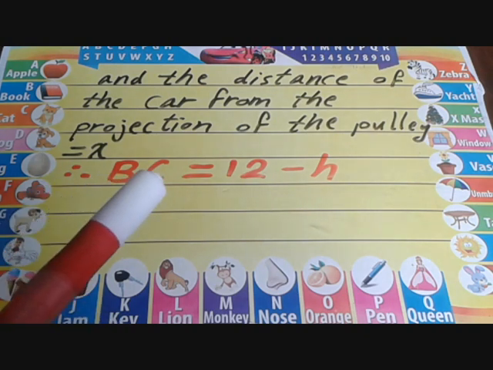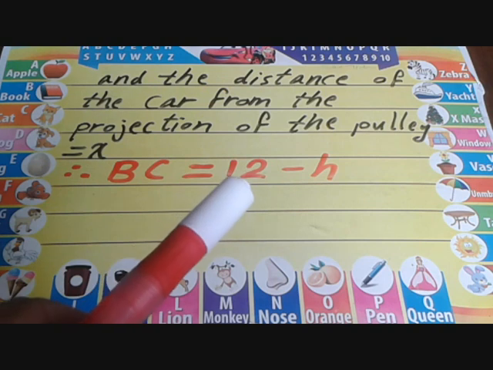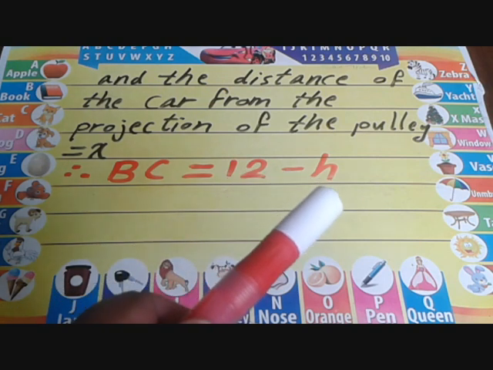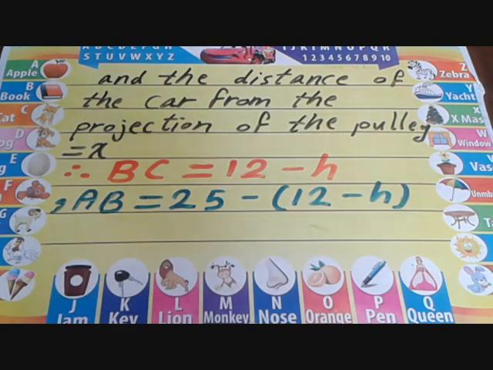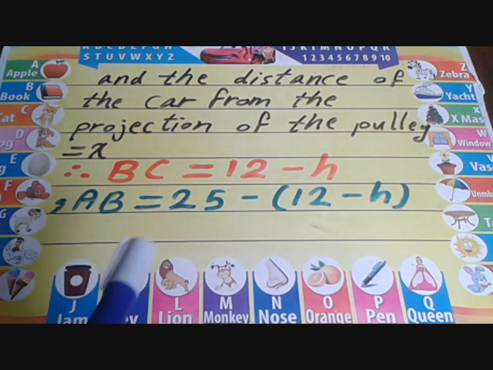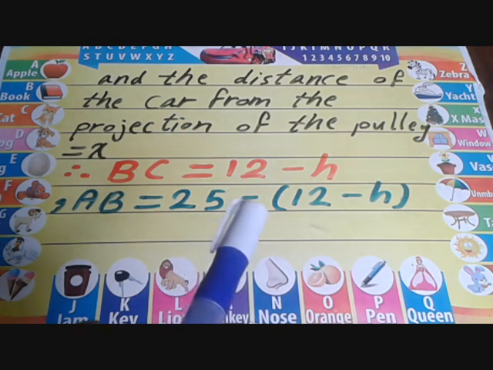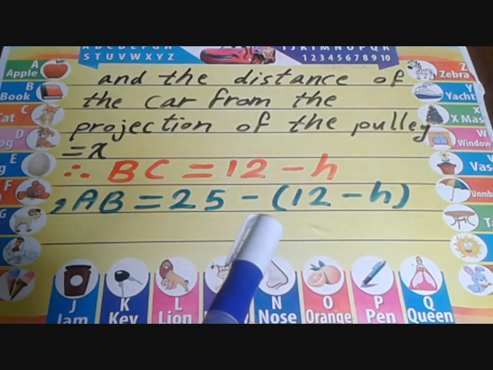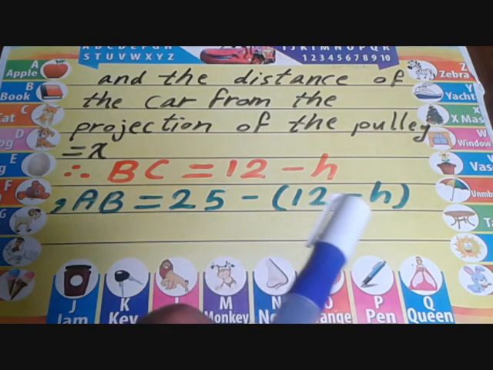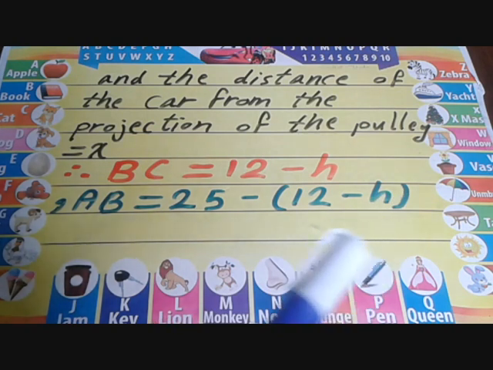Therefore, BC equals 12 minus h, and EB equals 25 minus (12 minus h).